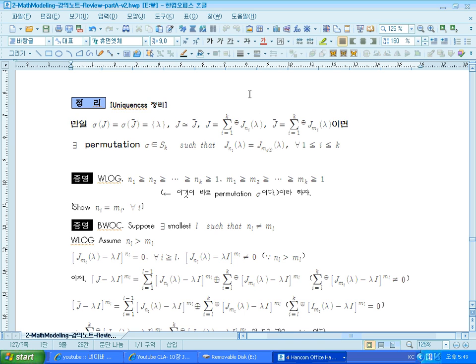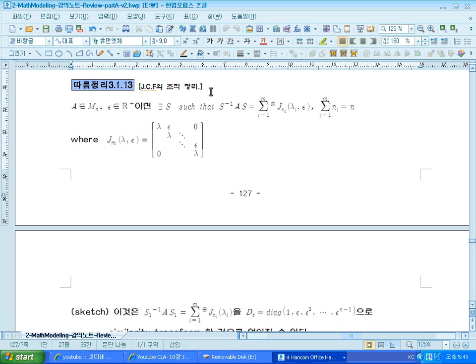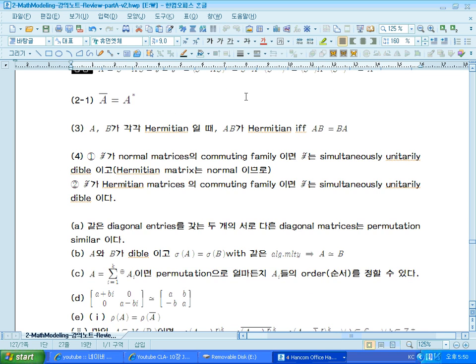There are other versions of Jordan canonical forms, and there is uniqueness. This theorem shows the uniqueness of the Jordan canonical form if we fix the order of the Jordan blocks by using the permutation matrix, and also we can manipulate the Jordan canonical form for our own needs in various versions.